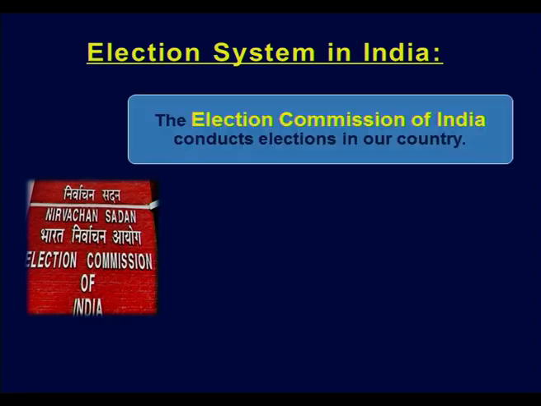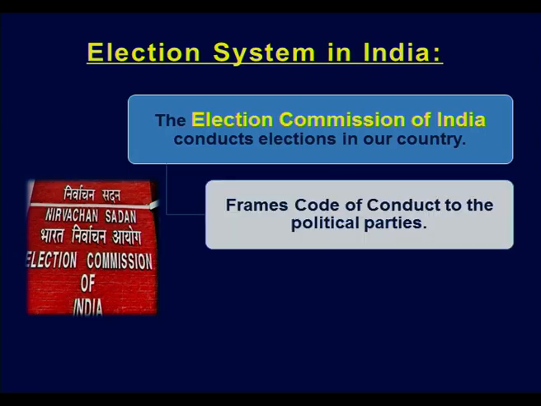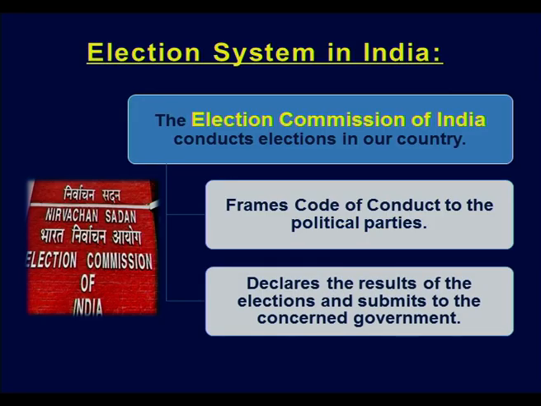So, in India, the Election Commission of India conducts elections in the country, and it frames some code of conduct for the political parties. Code of conduct means the rules and regulations or the guidelines given to the political parties. And it also declares the results of the elections and submits them to the concerned government.